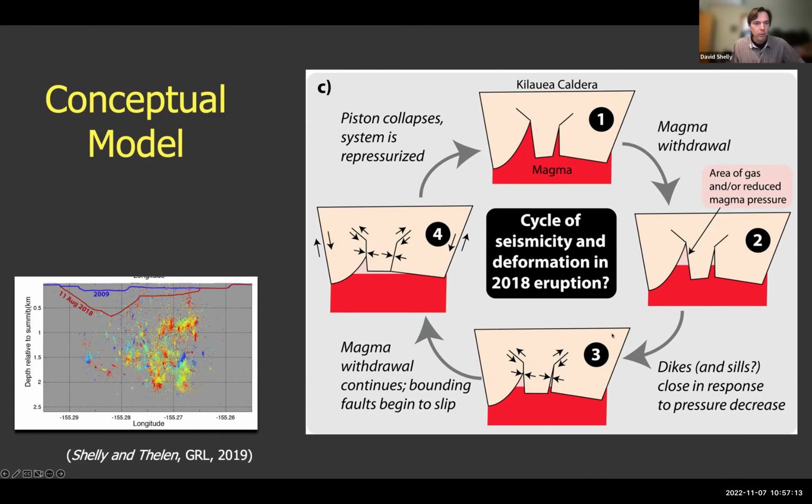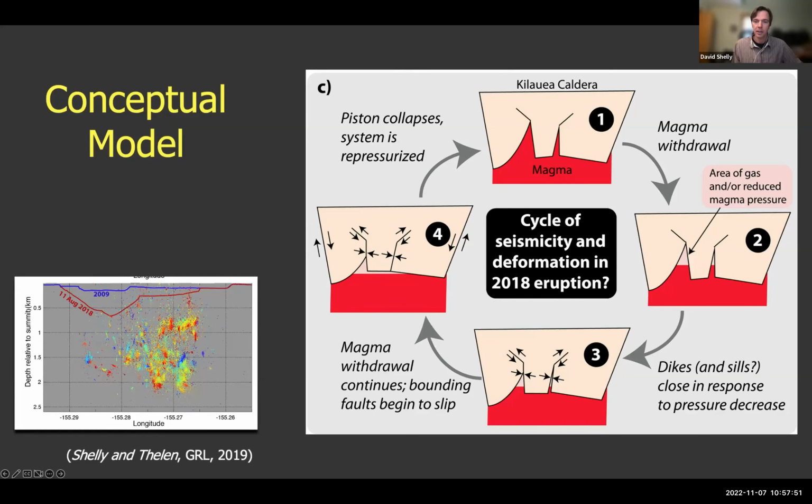So our conceptual model for what was going on here, this is a very simplified model, but essentially this is the Kilauea caldera. There's magma underneath some sort of piston-like block on the top. This magma is being withdrawn as it erupts out the east rift zone, and that probably causes areas of reduced gas and magma pressure within this piston itself.